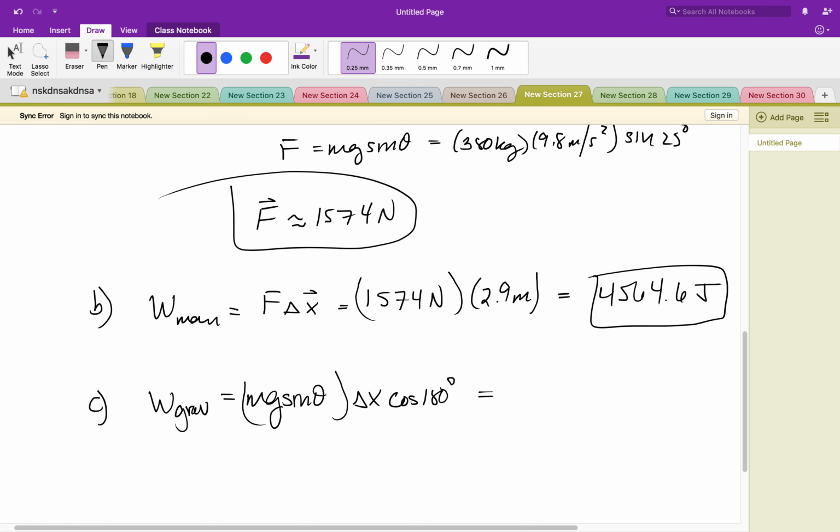And we know all these things. Now this we already know is 1574 because it's the same as the applied force, so that's 1574 newtons, times delta x again, which is 2.9 meters, times cosine of 180. So basically it's going to be just the negative of this number, so negative 4564.6 joules.